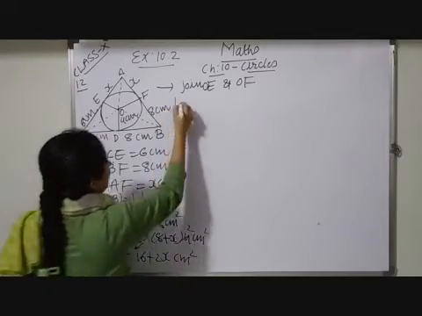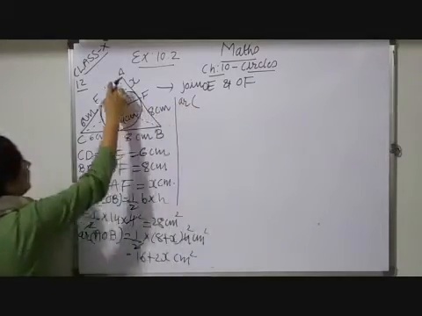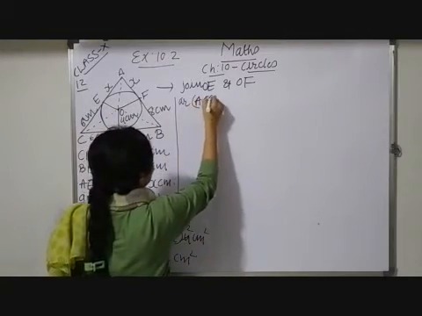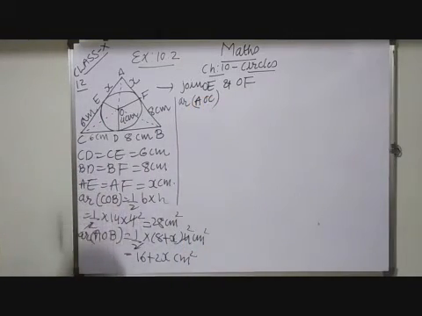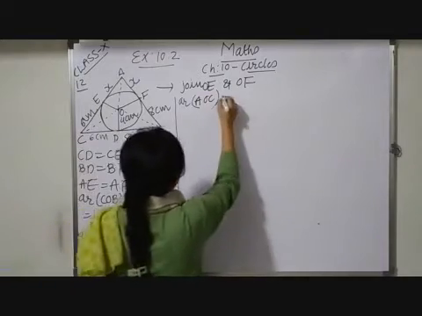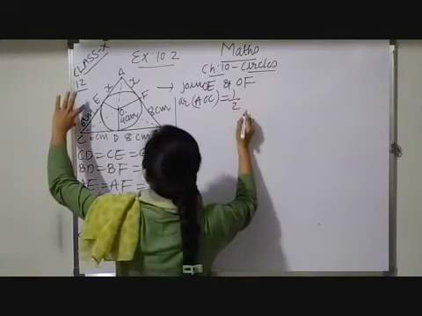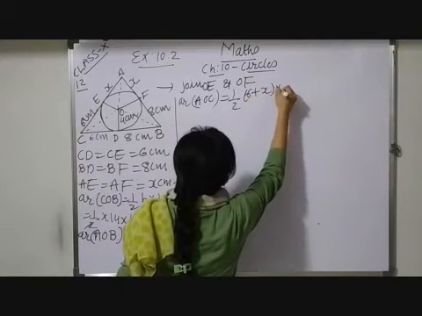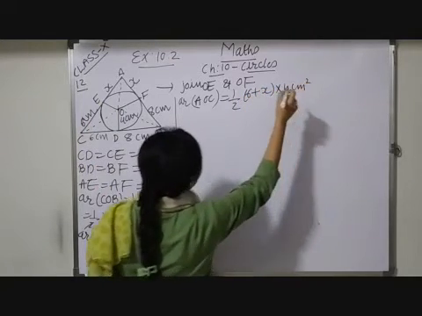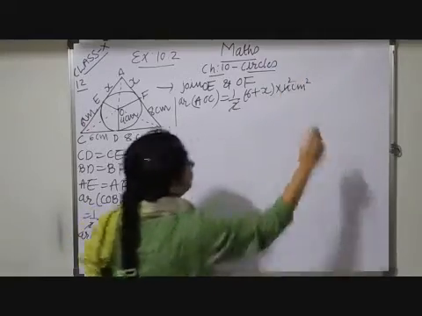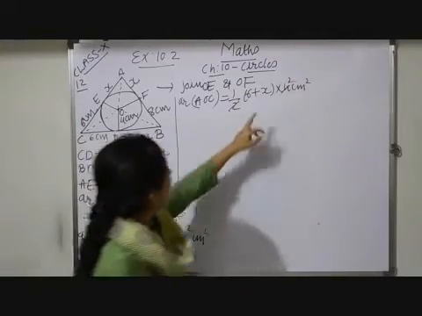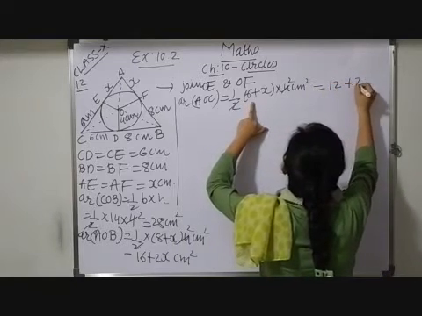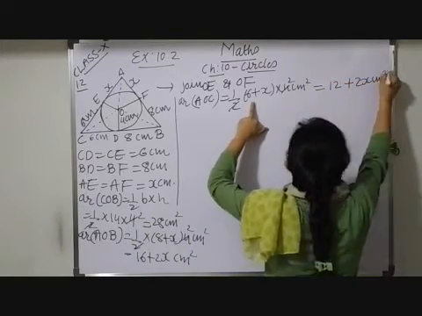After that, here area of triangle AOC. Again same formula, half base into height. So here, which is equal to half base is 6 plus x and height is 4 into 4 centimeter square. So it will be cancelled out by 2, and if I multiply it by 2, here I will get 6 2s are 12 plus 2x centimeter square.